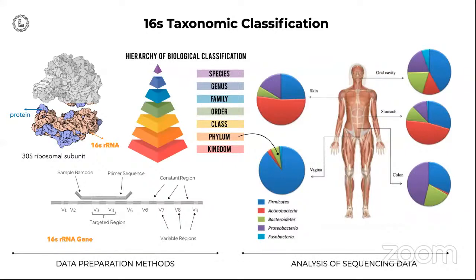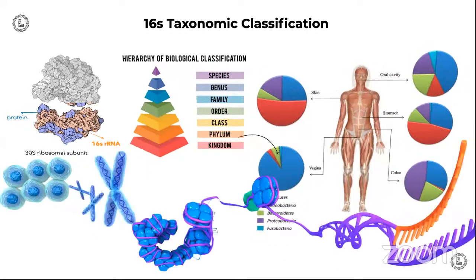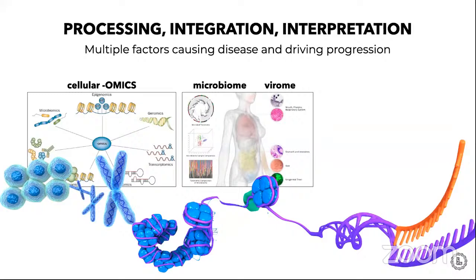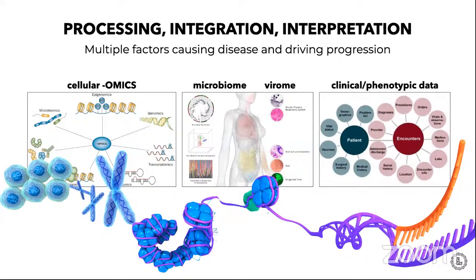So ultimately, our goal with the analysis of sequencing data is to be able to apply the sequencing data to understand the host response, to study the microbiome that includes the bacteria and the viruses that are present, and associate those with clinical or phenotypic data.